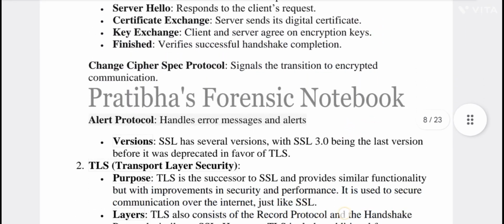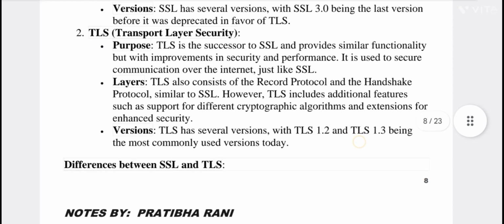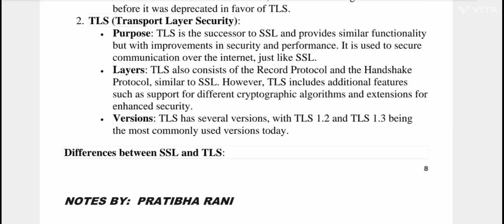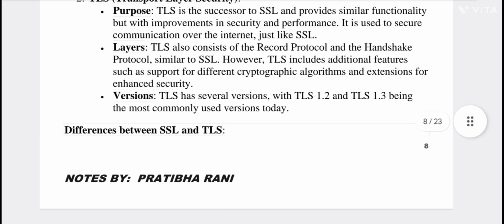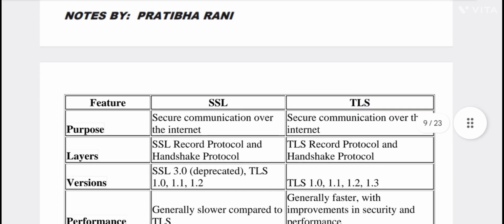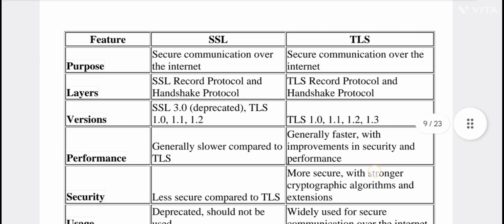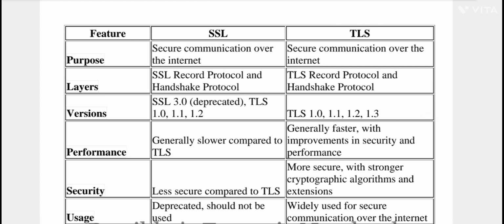Then this is TLS, Transport Layer Security. The purpose of this layer is the same as SSL, and it also has two layers, record protocol and handshake protocol. Then it has versions, TLS 1.2 and TLS 1.3, and here you can also see the difference table.